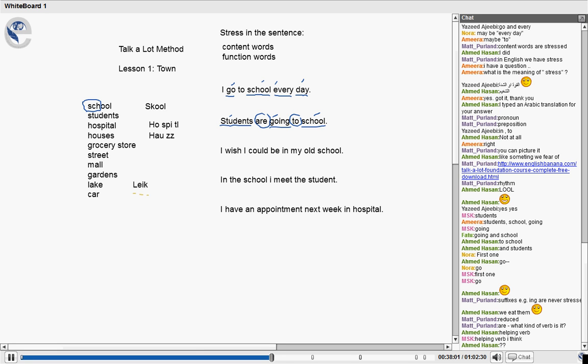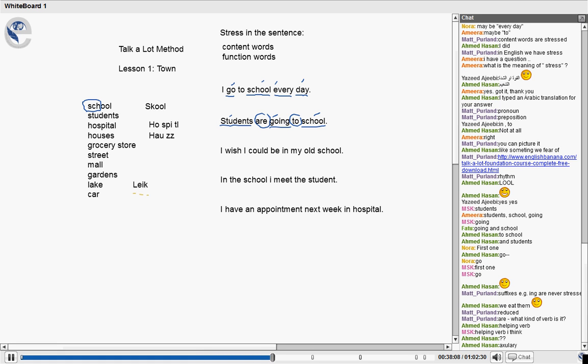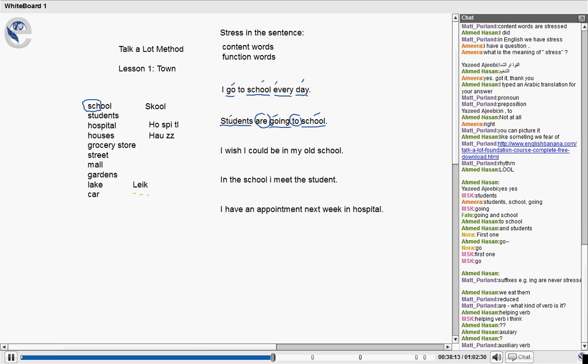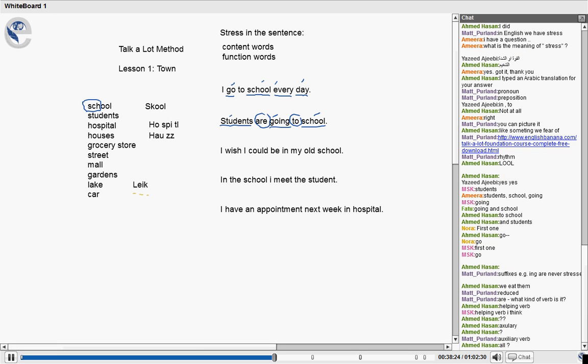What's the name of this particular verb? Helping verb. Do you know? It starts with A. Okay, nearly right. Auxiliary verb. So auxiliary verbs, they're not stressed. So we just go through them.